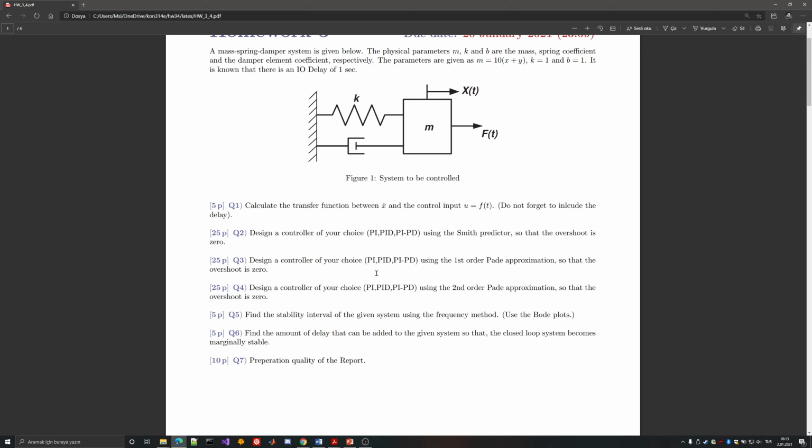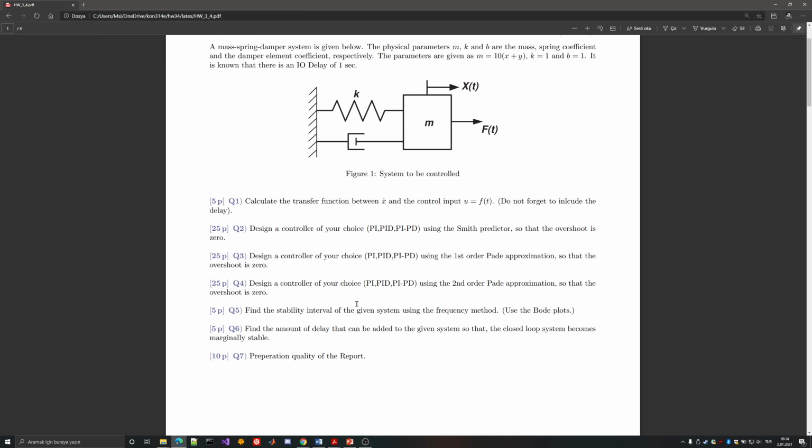Let me remind you that, especially for the Padé approximations, you should use the original system for your simulations, not the Padé approximations. If you watch that video, you will get what I mean.